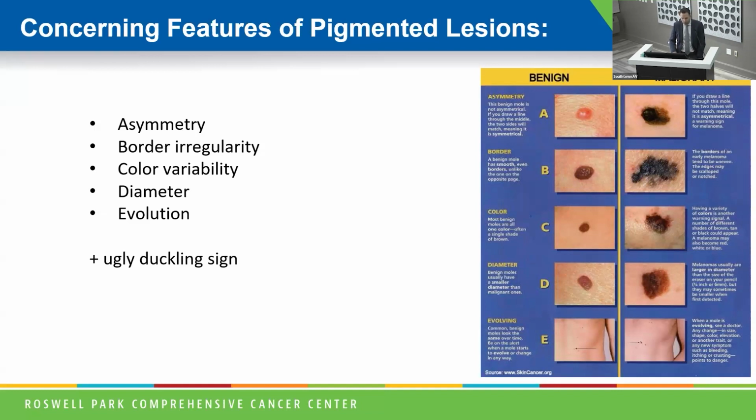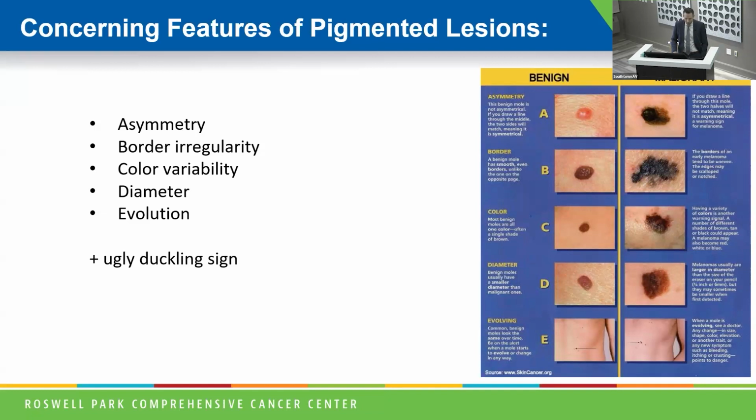When we talk about the ABCD criteria, we talk about asymmetry. So one half of the mole looks different than the other half. Border irregularity: instead of a nice smooth transition into the surrounding skin with sharp edges, there's fuzziness. There are almost like legs going into the surrounding areas.